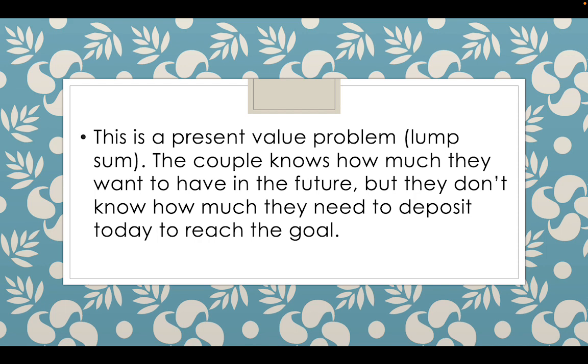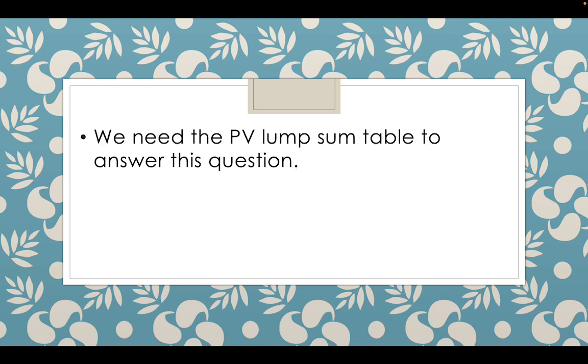That would be like an annuity problem. We're not talking about that. We're talking about what do we need to put in the bank today? What's the present value of the money today that we need to put in so it will grow to 60,000 in the future? So we're going to need the present value lump sum table for this.